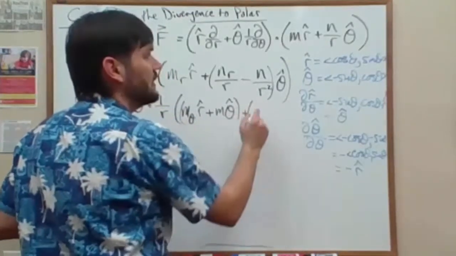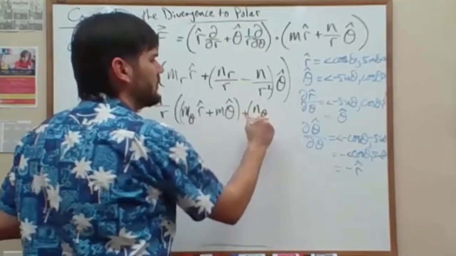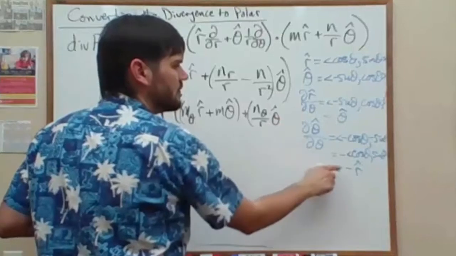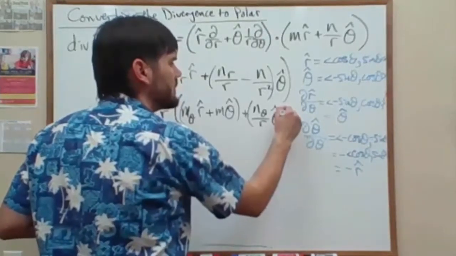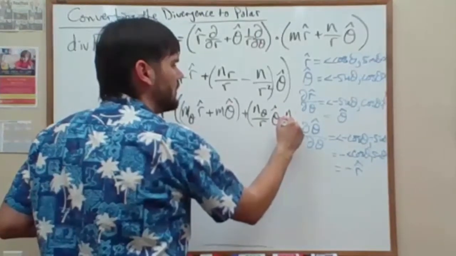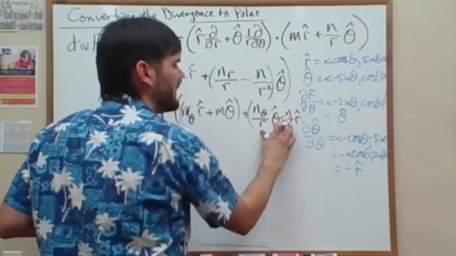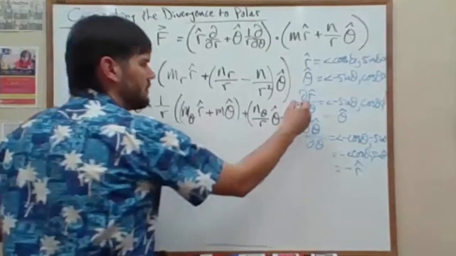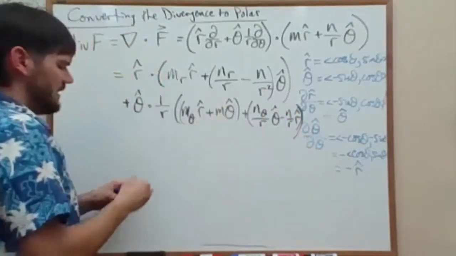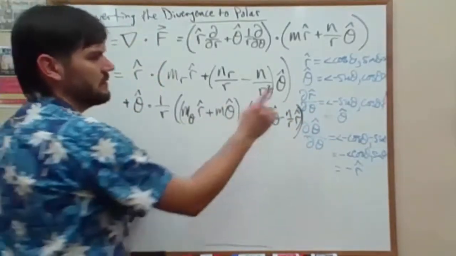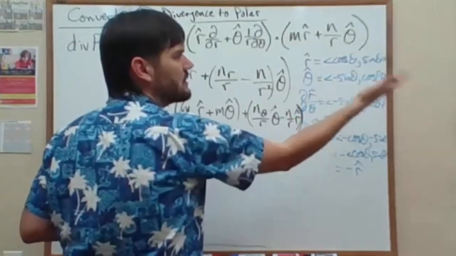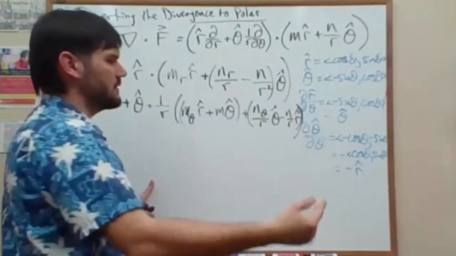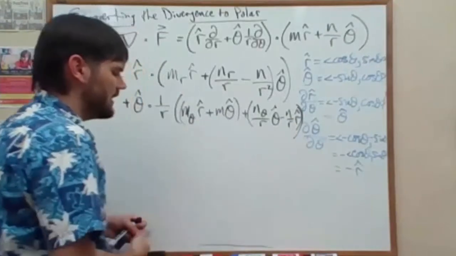That gives us n sub theta over r times theta hat, and then plus n over r times r hat. That's negated, isn't it? So again, since r hat and theta hat are functions of theta, we need to treat these two as product rules in terms of the theta derivative.